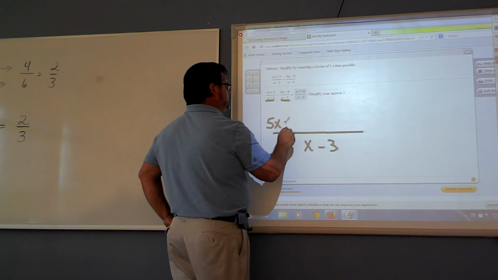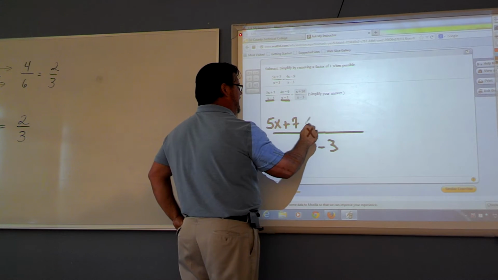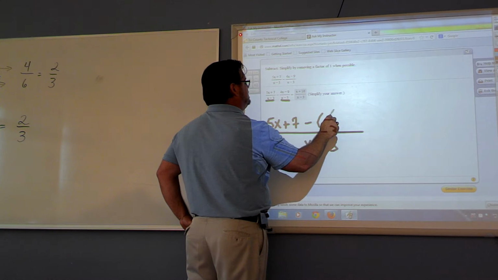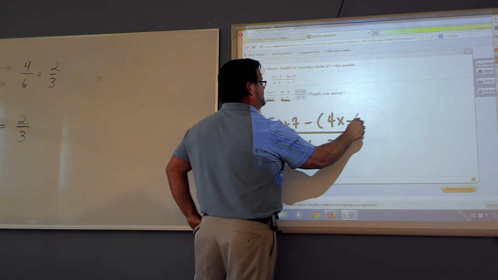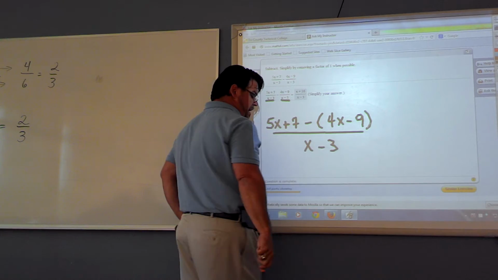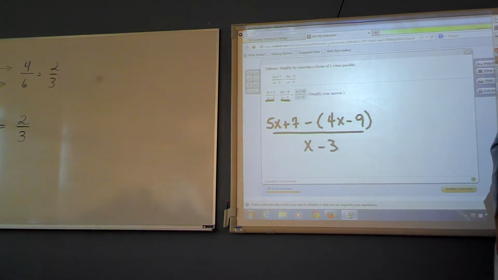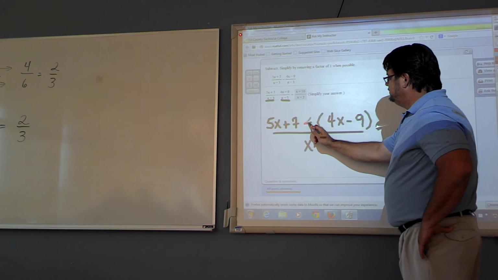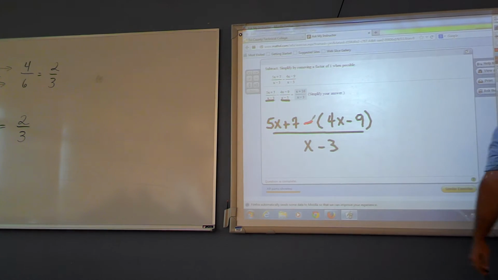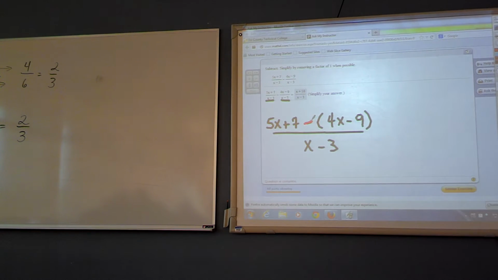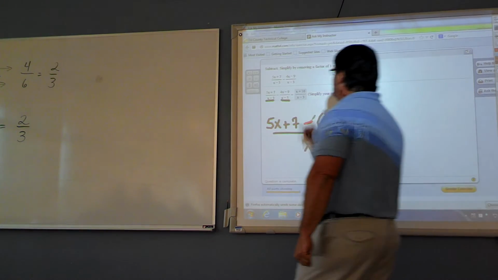5x plus 7 minus parentheses 4x minus 9. And this right here is what I had the hardest time with when I was in algebra. You are subtracting not one term, but you're subtracting this whole term right here.